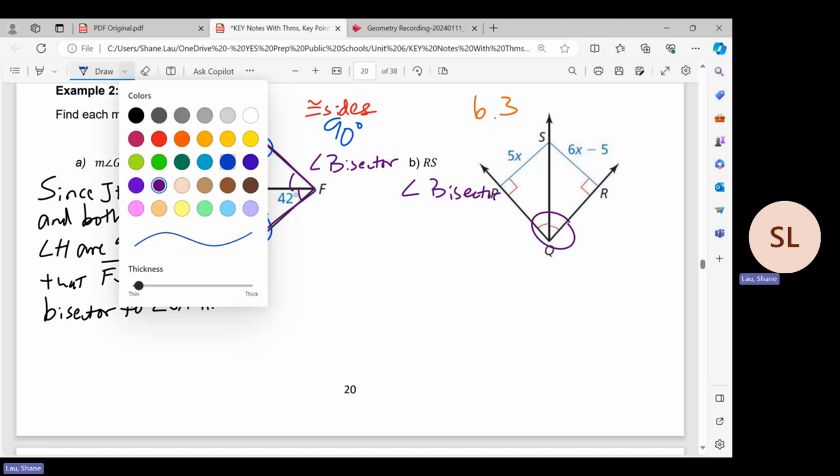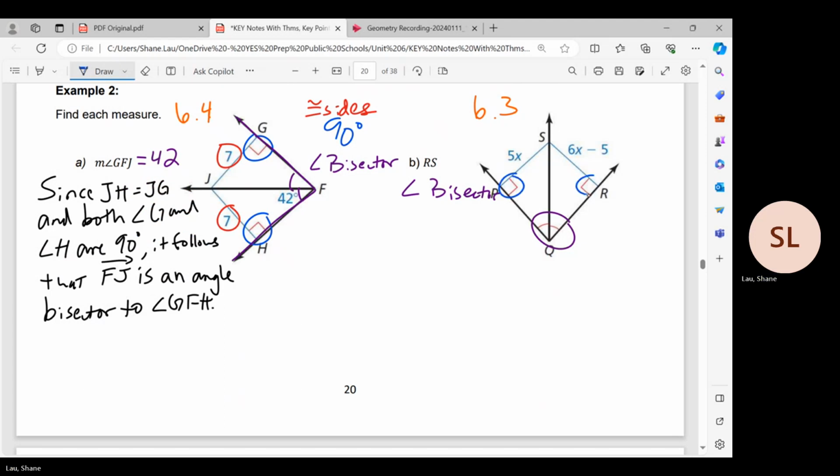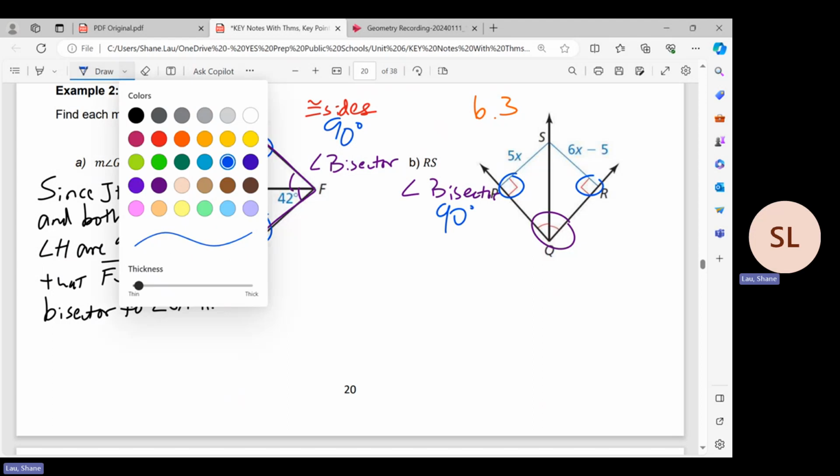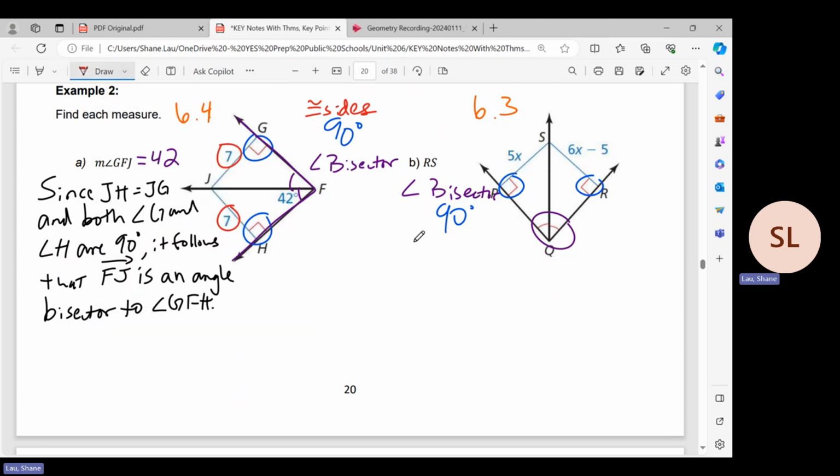And we have those 90-degree angles. And the only thing that we're missing here are those congruent sides. But just like what theorem 6.3 says, if we have that angle bisector and those 90-degree angles, we know for sure those two segments are congruent. Because they're congruent, put them equal to each other. Solve for x, like so.